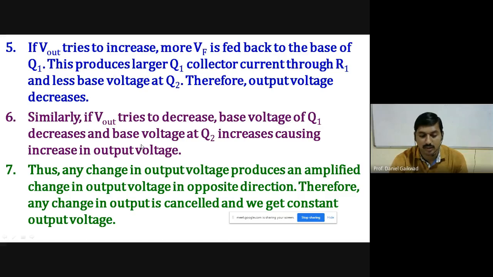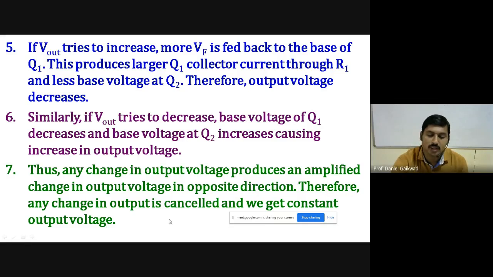Teachers generally check the answer, and in that answer these 2 points should be there in the working of the transistorized regulator. Okay. Number 7: does any change in output voltage produce an amplified change in output voltage in the opposite direction? Any change in output voltage produces an amplified change in the opposite direction, and that opposite direction cancels it.